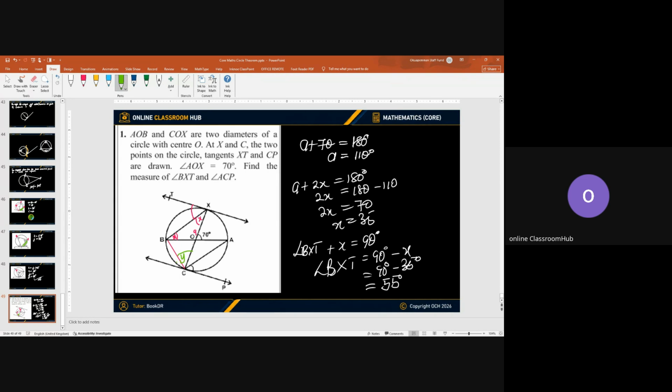Can you hear me? Jesse, hello, can you hear me? Yes, please. I said now we know that Y is subtended by BX. I'm asking whether the line BX or the chord BX subtends another angle.